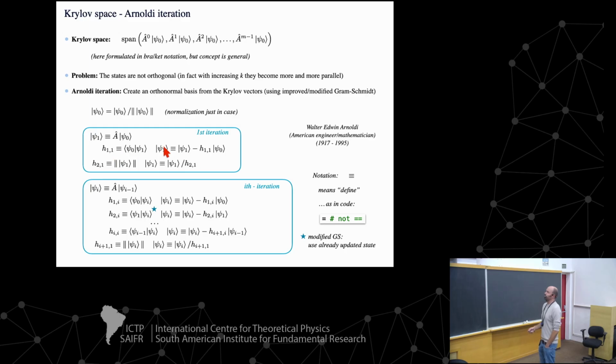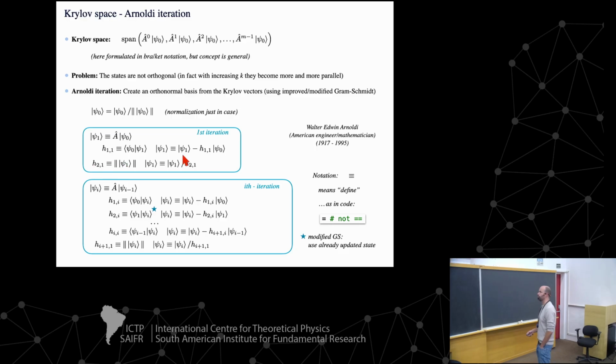And then I define my new state psi1 as the state psi1 minus h11 times psi0. Okay, and now I really subtracted the psi0 component in the state psi1. So all I need to do is renormalize my state. So I have to compute the norm of the state psi1, which I call h21. And then I divide by this.